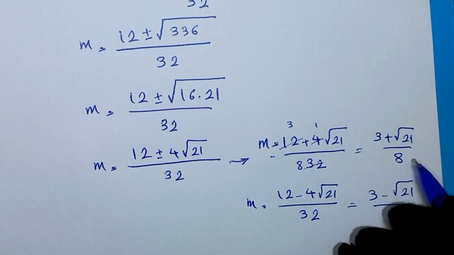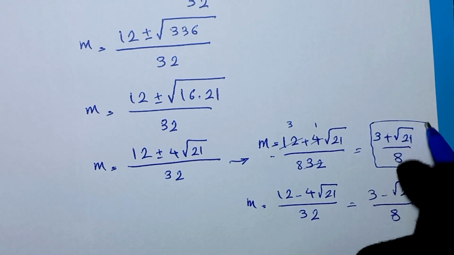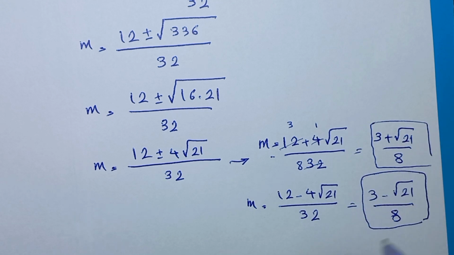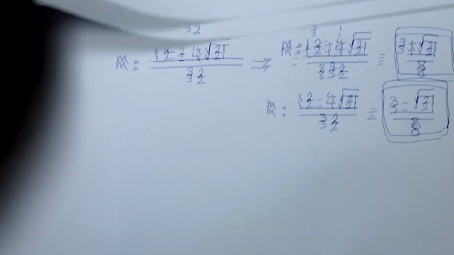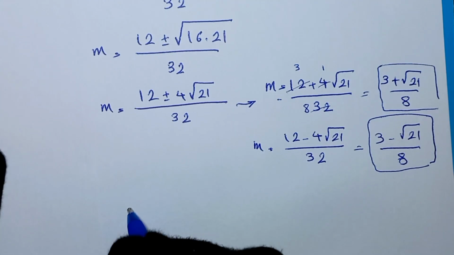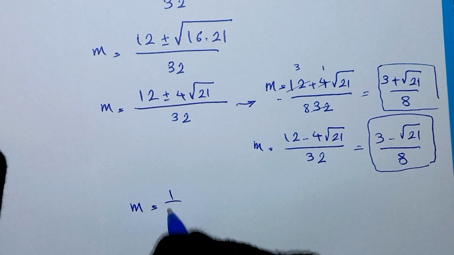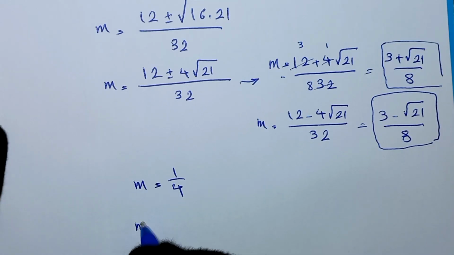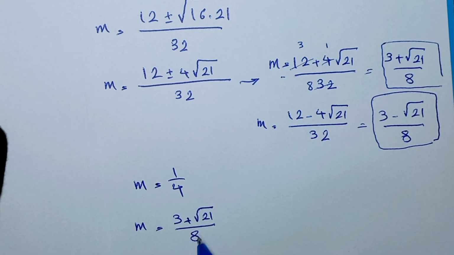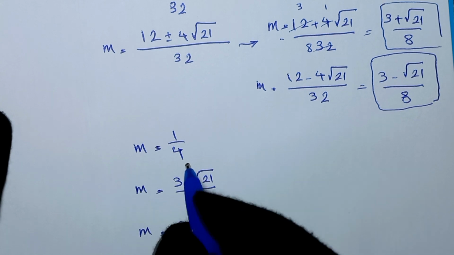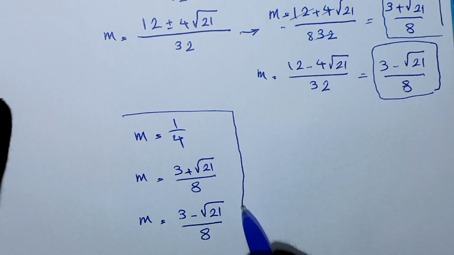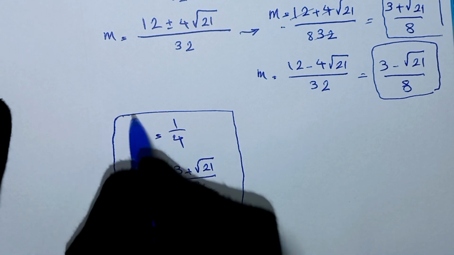So in here we have two values for m, this and this, and also in here m is equal to 1 over 4. So our final answer for m is equal to 1 over 4, and m is equal to 3 plus square root of 21 over 8, and m is equal to 3 minus square root of 21 over 8. And this is our final answer.